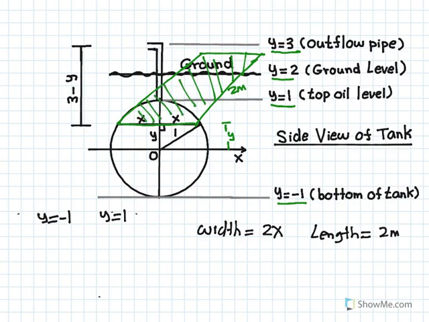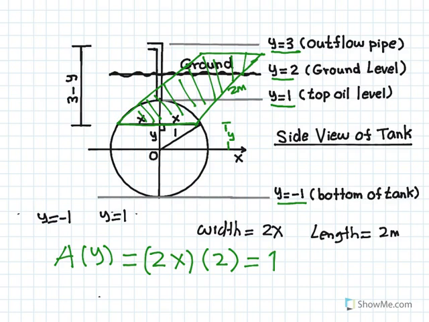So the cross-sectional slice, A of y, is equal to the width of the rectangle, looking at it from the top, 2x, times the length of this rectangle. The area of a rectangle is simply width times length. 2 times 2, we get 4x. Of course, we have to get this cross-sectional slice as a function of y.